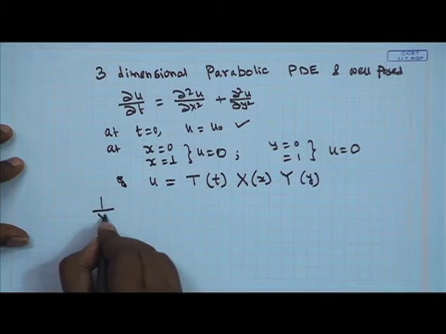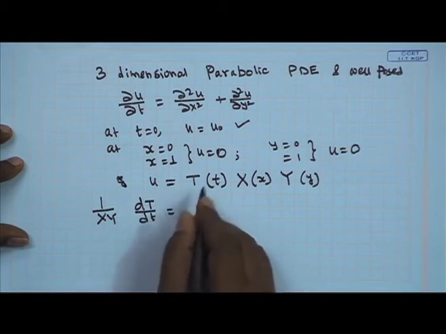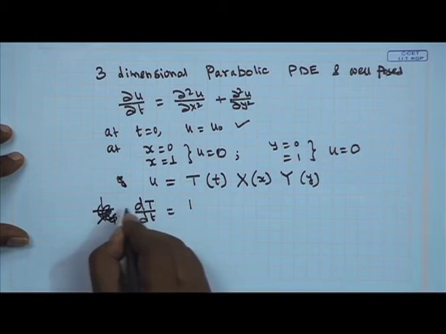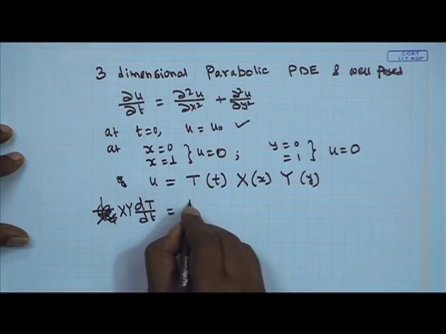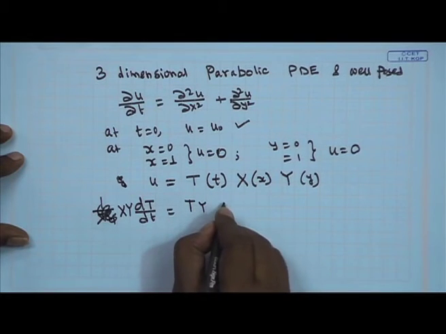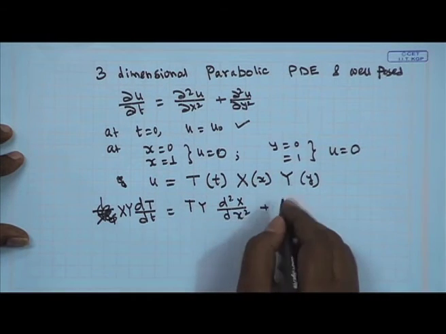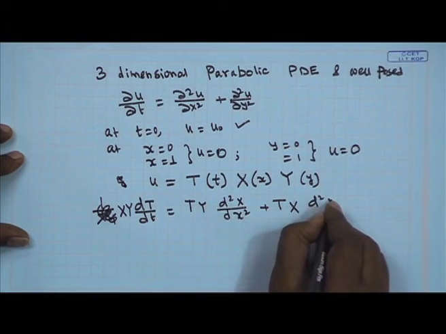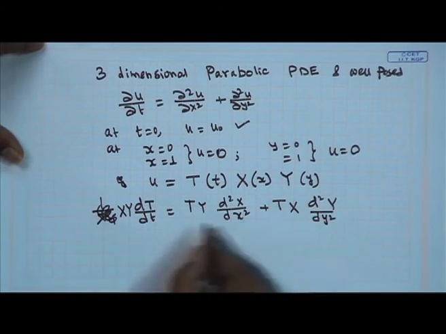What we get is x y dT/dt plus T y d square X/dx square plus T x d square Y/dy square.